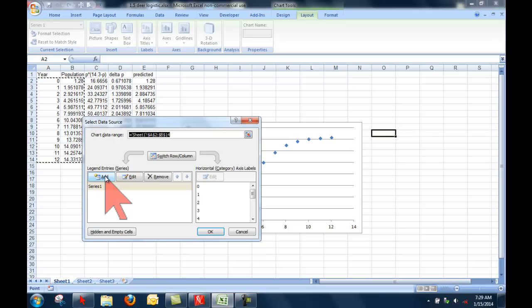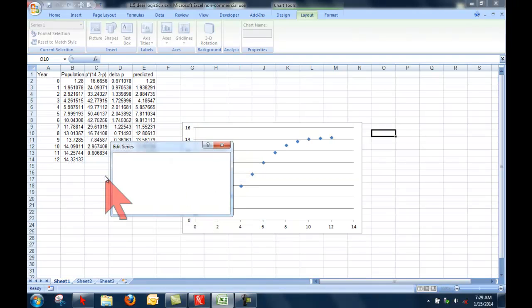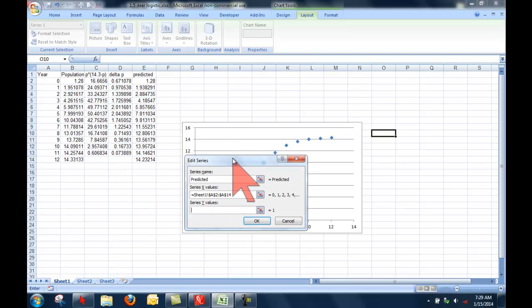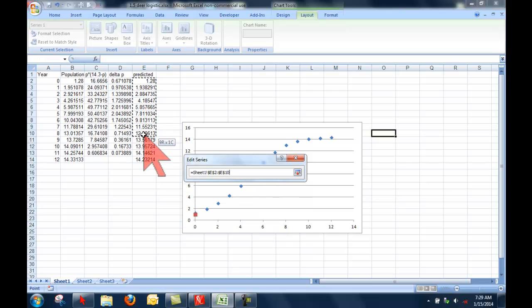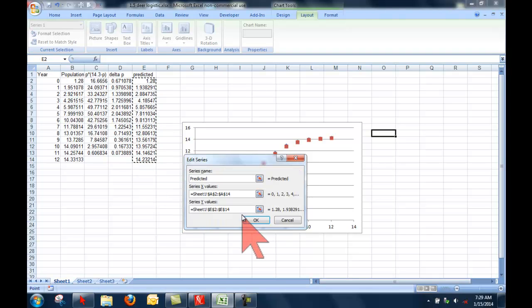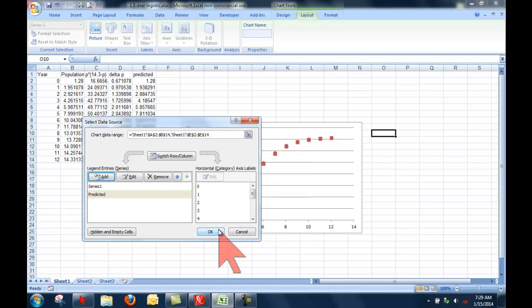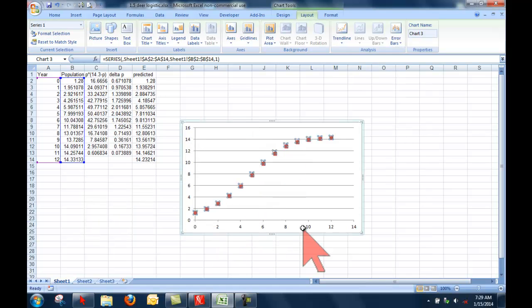Let's add another set of data to this. This will be the predicted, and the x values are going to come from here, and the y values are going to come from here. And we'll go ahead and add those, and that should be enough.